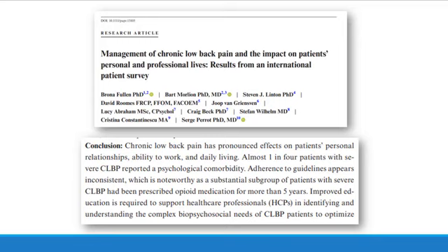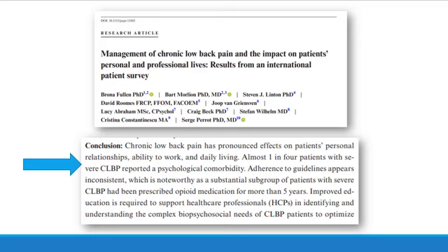And what's interesting here from this particular article is, if we look, almost 1 in 4 patients with severe chronic low back pain reported a psychological comorbidity. So that's something we would be interested in. We would be interested in that because how does that comorbidity have an impact upon that person?